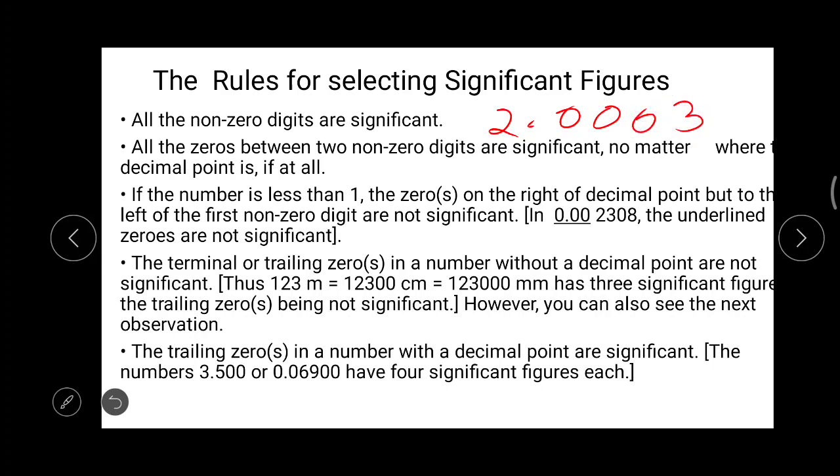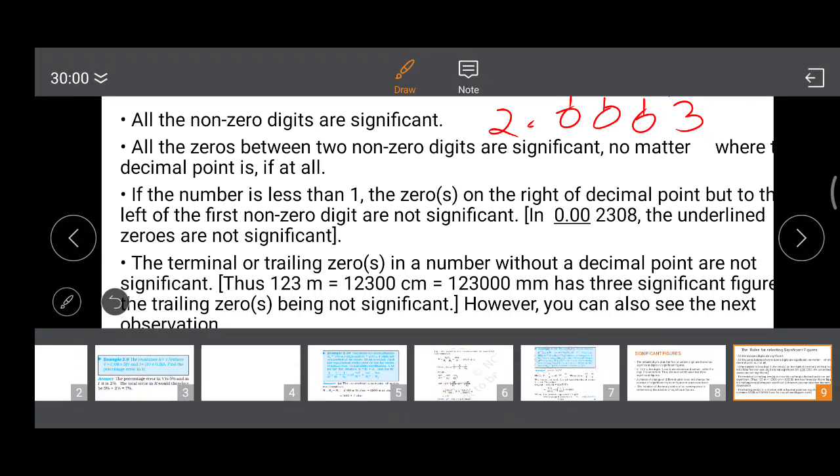The zeros are there in between 2 non-zero numbers, isn't it? So the significant figures of this number will be 1, 2, 3, 4, 5.